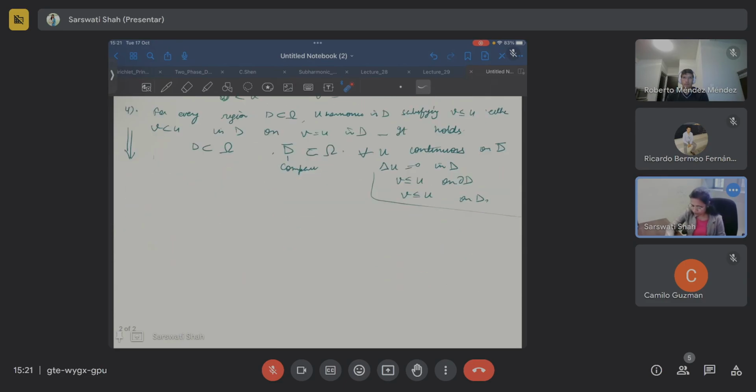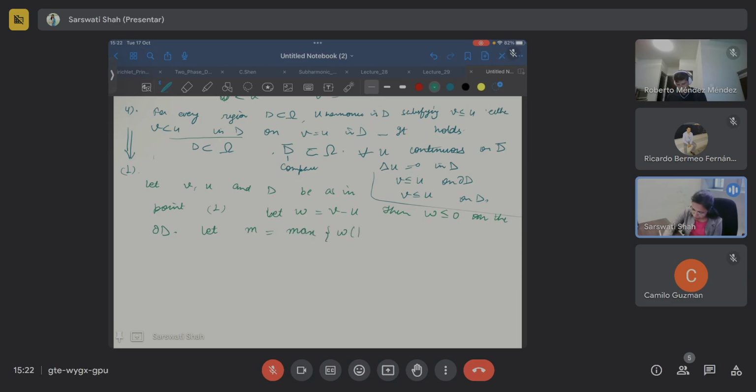So let's proceed. Let V, U and D be as in point 1, and let W equal V minus U. Then according to this definition, W will be less than or equal to 0 on the boundary of D. Now let M be defined as the maximum of W(P) such that P belongs to D closure.